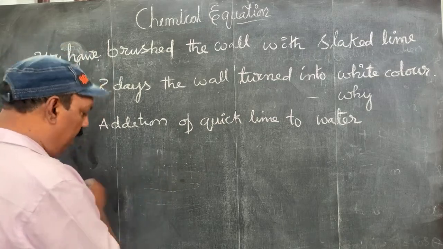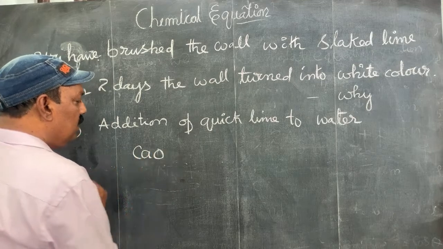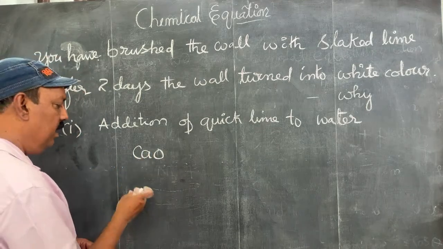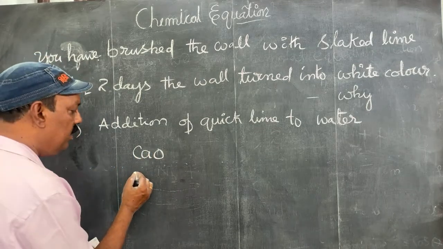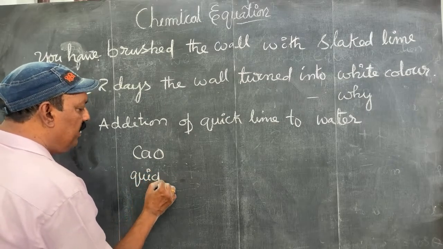If I ask that question, he will give the chemical CaO. CaO is calcium oxide. This is the chemical name, and the common name is quicklime.